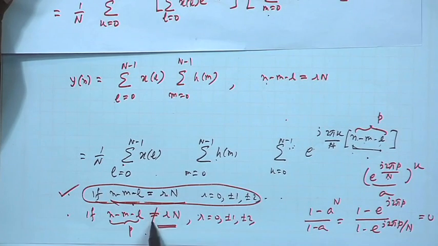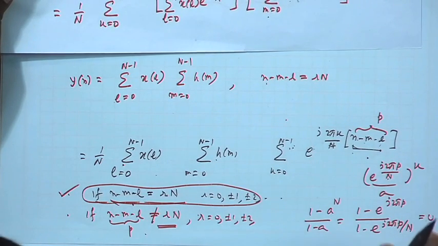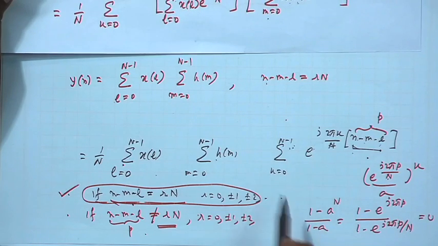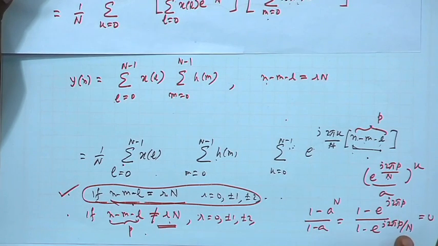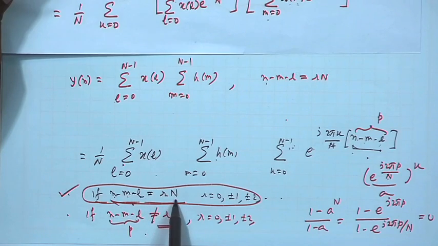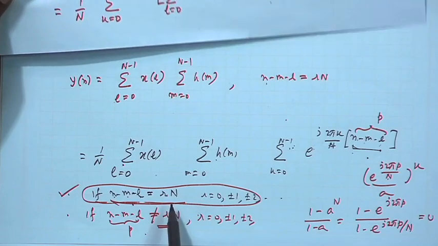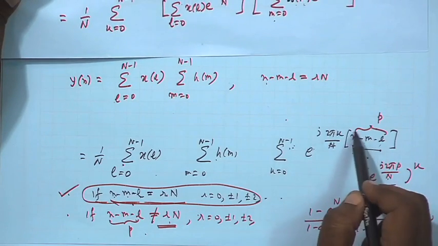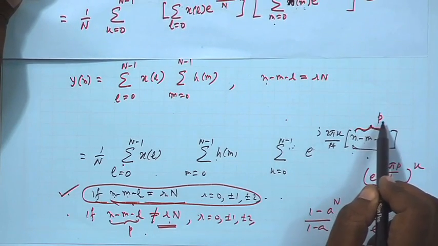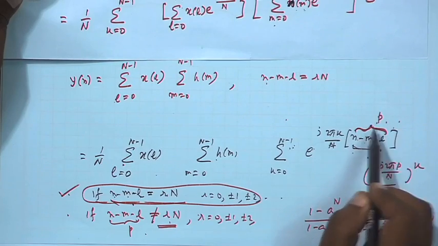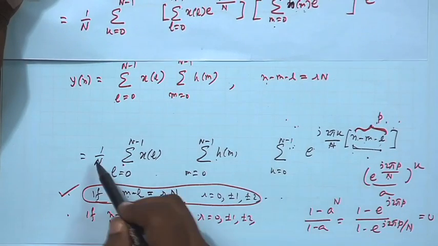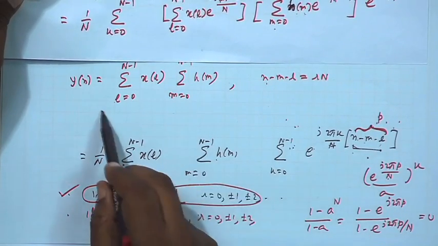If it is not so, the summation was 0, we have found out. So, if it is not so, that case is gone. So, we are considering only the case where n minus M minus L is r into n, either 0 or n, 2n, 3n or minus n, minus 2n, minus 3n, like that. In that case, this summation is capital N, n cancels, and you are left with this summation.